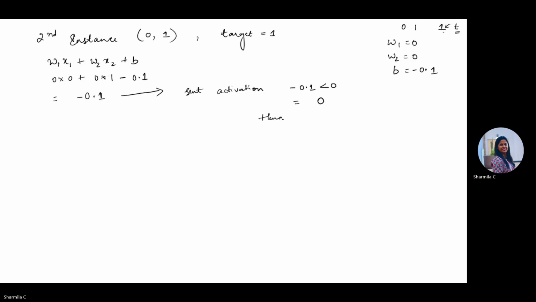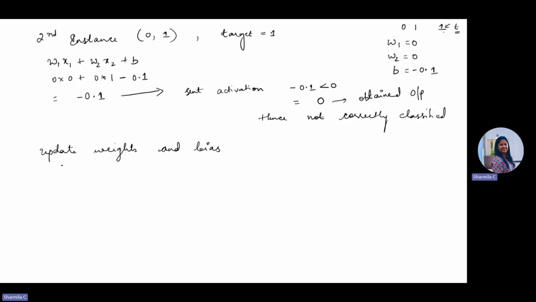Hence, not correctly classified, because the obtained output is 0, which is not equal to the target output. Since these two are not equal, we need to update the weights and the bias value.